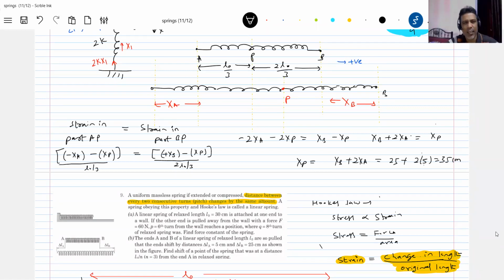Check once, is everything in order? I want you to analyze the problem. Sir, we'll get minus 35. No, most of you are still not observing the condition.